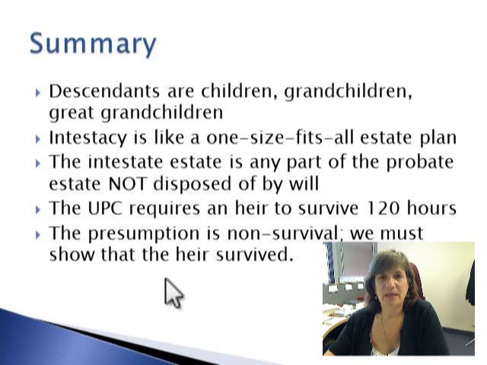The intestate estate could be any part of the probate estate that doesn't get disposed of by a will. So we can still have an intestate estate even if we have a will that takes care of some of the property. We talked about the survivorship rule, saw that the Uniform Probate Code requires 120 hours, and that it creates a presumption of non-survival, so we have to show that the heir did survive.